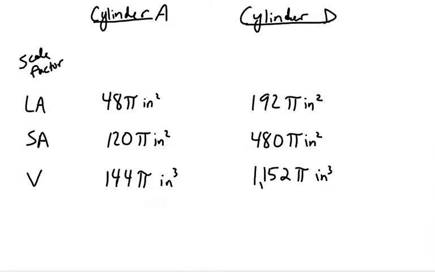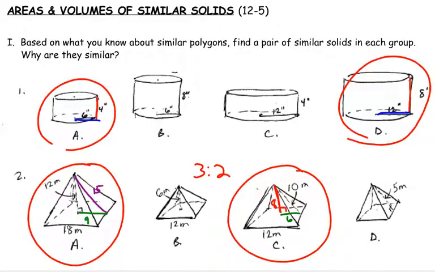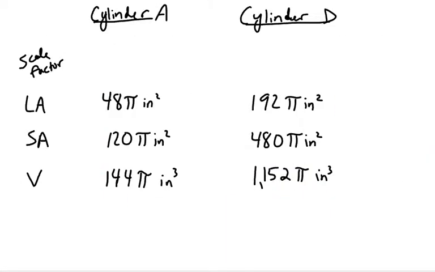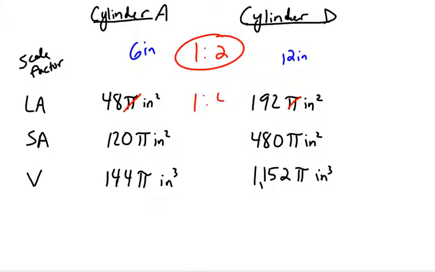Looking at the two cylinders, I know I don't have my measurements here anymore, but I know for certain our radii were 6 and 12, or you could have compared the heights, and we should be getting a reduced ratio scale factor of 1 to 2. Now, if you reduce 48 pi and 192 pi, remember we're thinking of these as a fraction, a ratio, the pi's cancel, and the numbers reduce to 1 to 4.